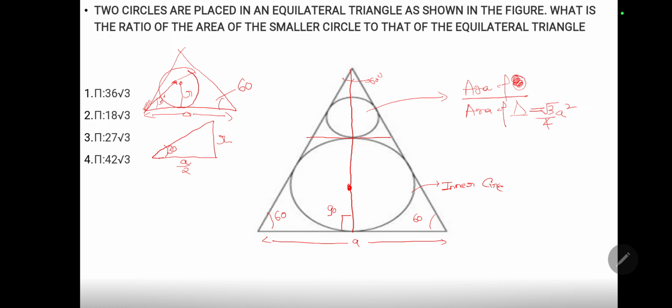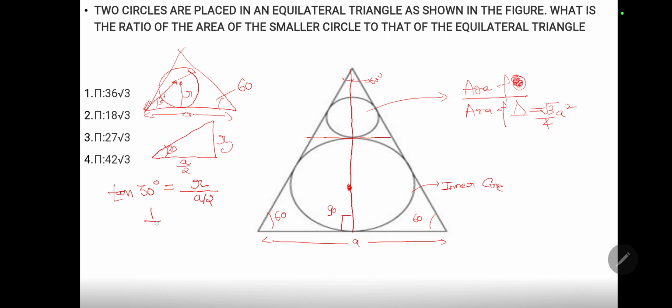Okay, so how can I find the relationship between the radius and the side of the triangle? I simply put the formula of tan 30, which is equivalent to the height, which is our radius, over the base, which is a by 2.